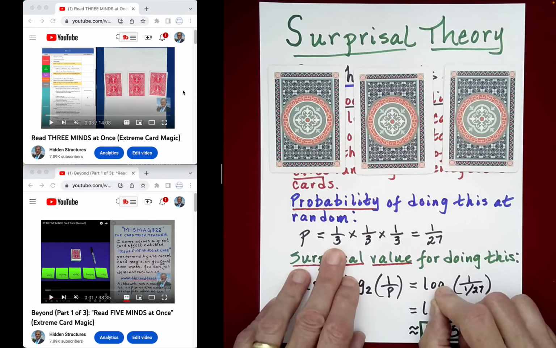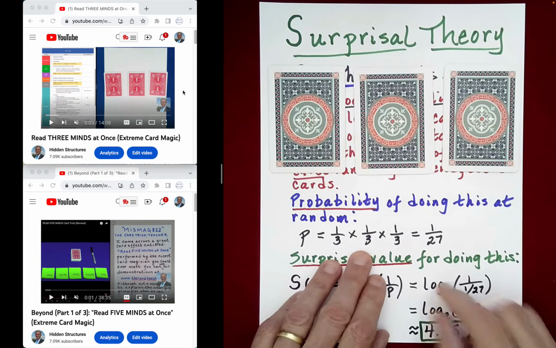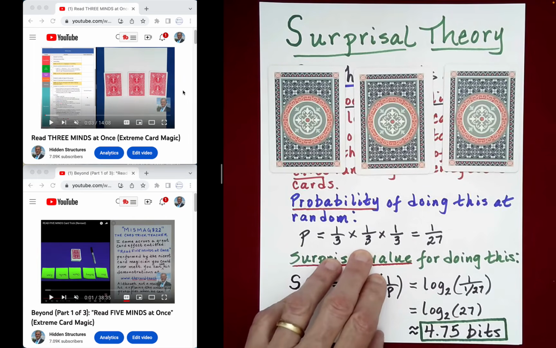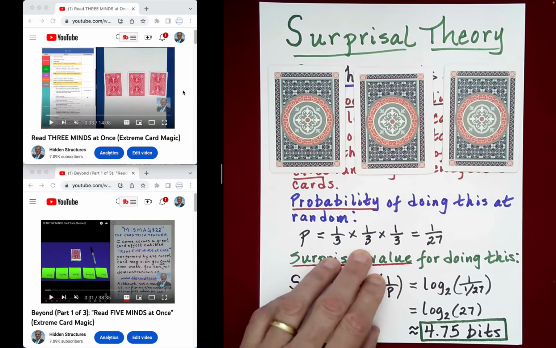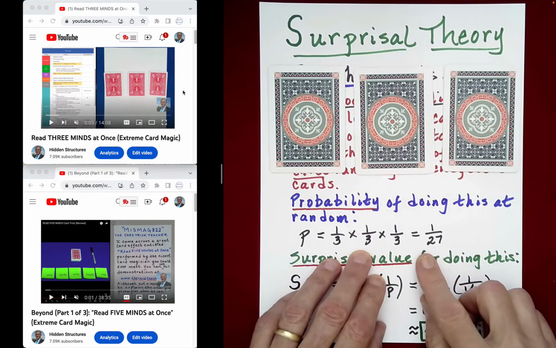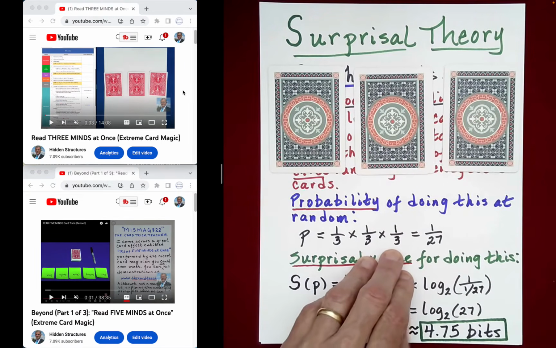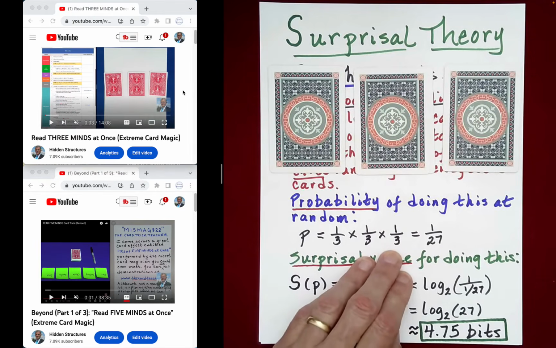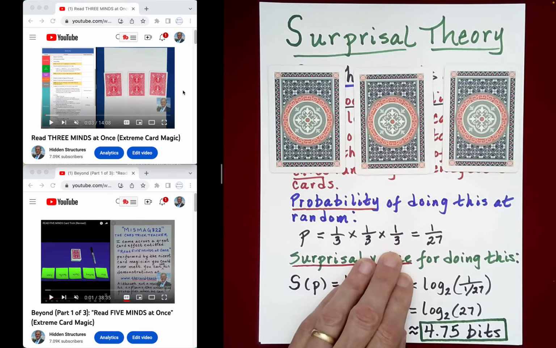So 1/3. For the second pile, it's the same thing. There's a 1 out of 3 chance that I would just randomly also choose the card that they chose out of those 3 cards. And the same thing holds for the final pile, pile 3. I would have a 1 out of 3 chance of randomly guessing correctly the third card they chose.